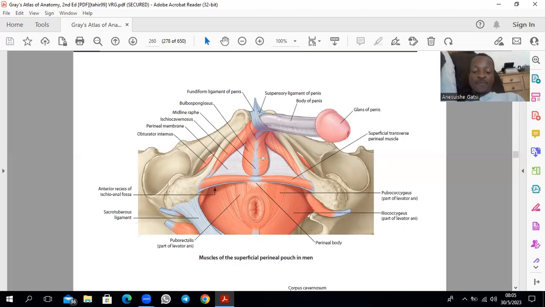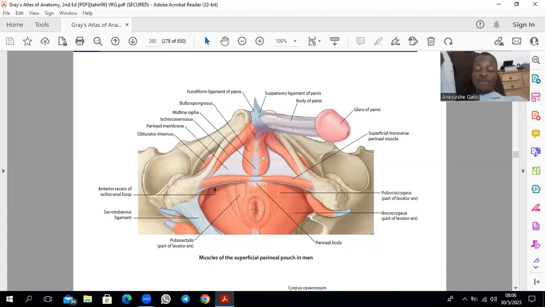The glands in the female, which are your greater vestibular glands, they are in the superficial perineal pouch. But the ducts of the glands of the male are in the superficial. They open in the, what do we call this? Penile urethra. Right.